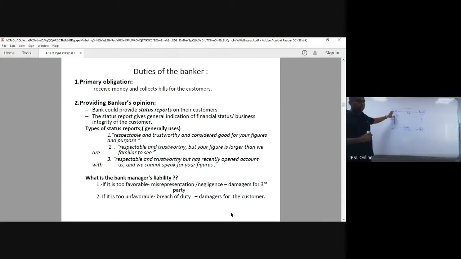Remember, this is a banker's opinion, but the word opinion is very important here. Why do I say that? Under the banker's opinion, it is wrong to provide account details.